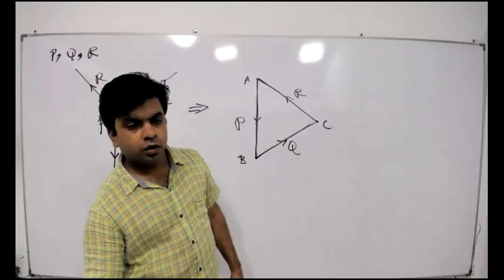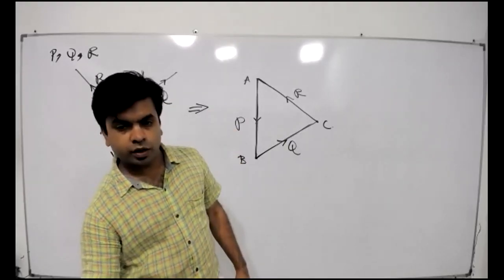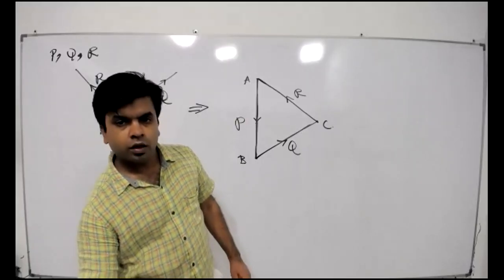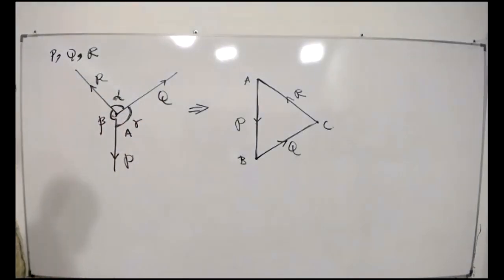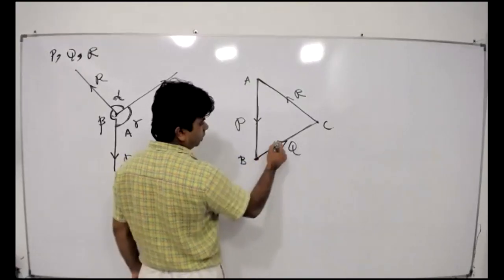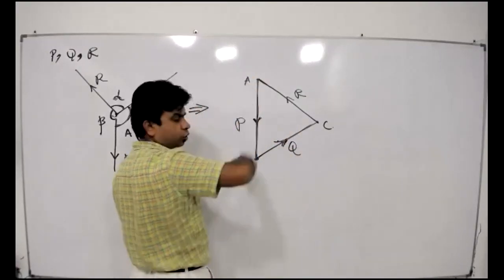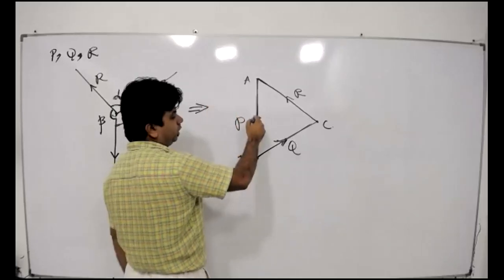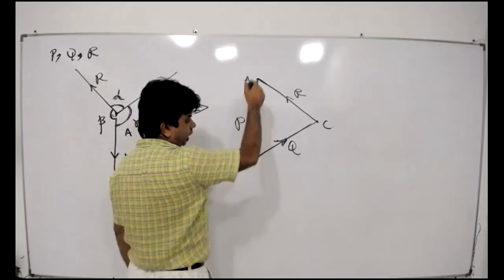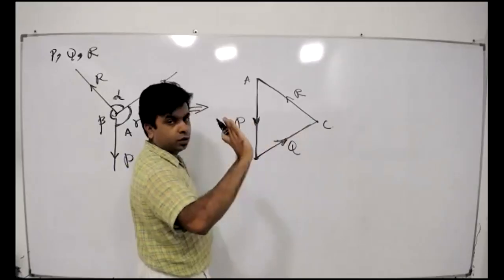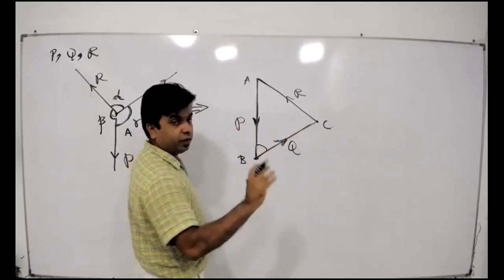Very good. You know that this arrow from this point goes outward, and this arrow towards the point is inward. So this is not the angle between two forces.